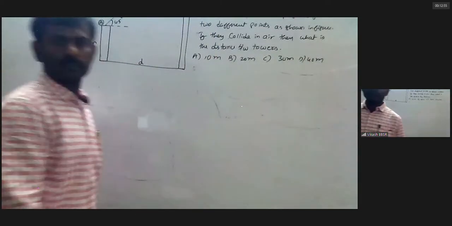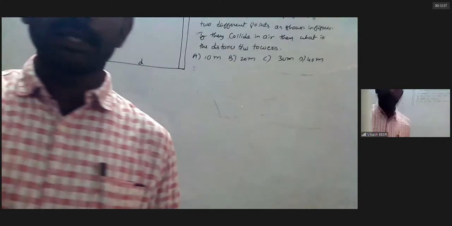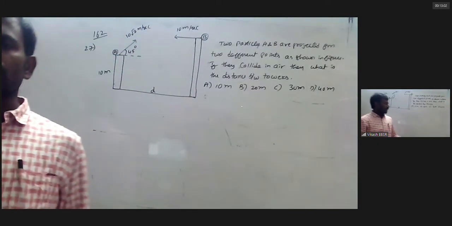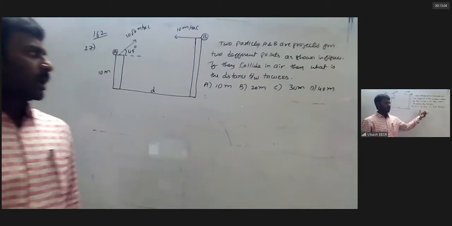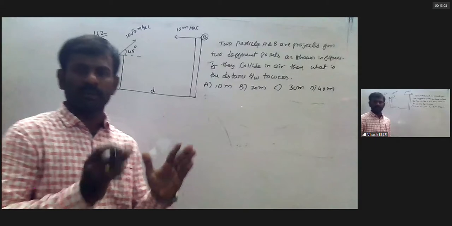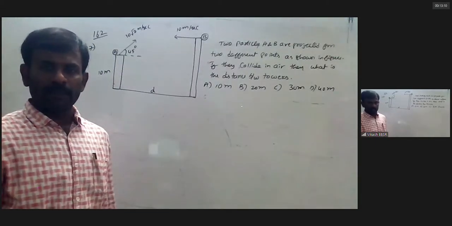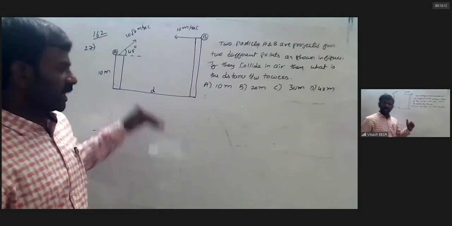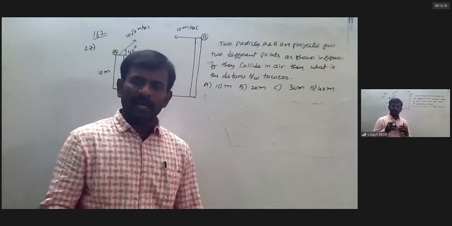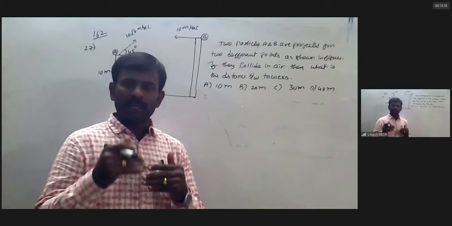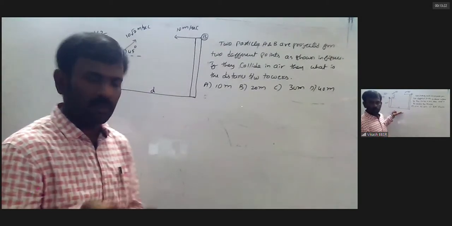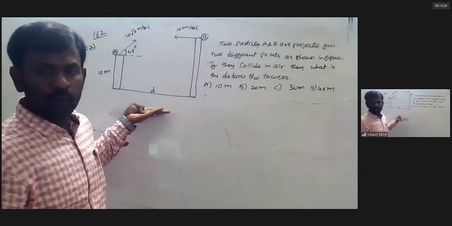It's not visible. Wait. Very good question. Maybe they ask you this part, distance between the two points, means two towers. Maybe they ask you one more question: at what time do they collide? Maybe they ask what is the position of the two bodies where the collision occurs from the foot, or the ground.